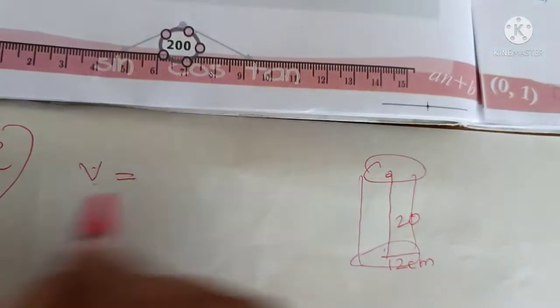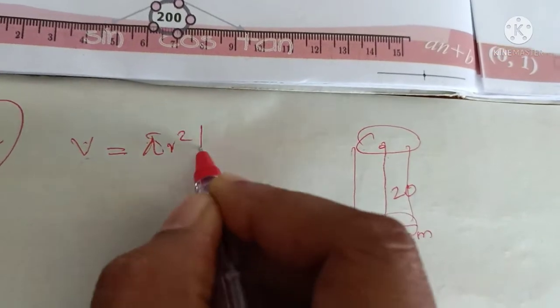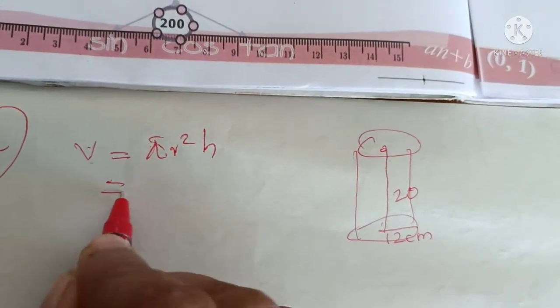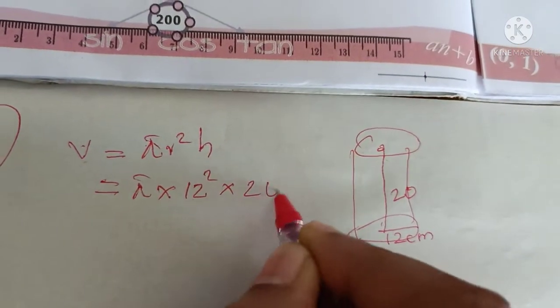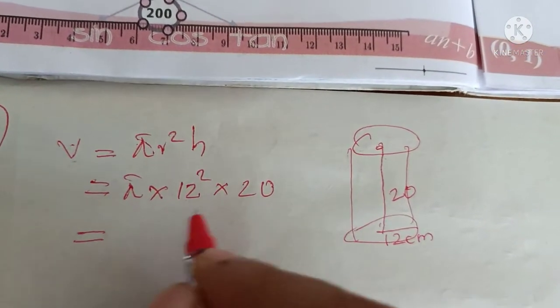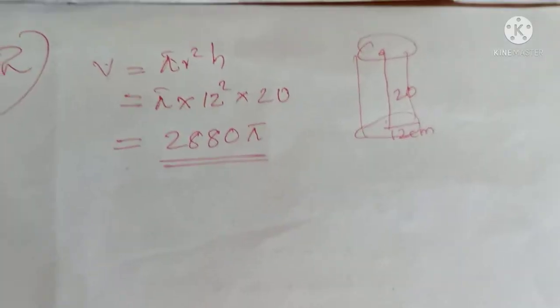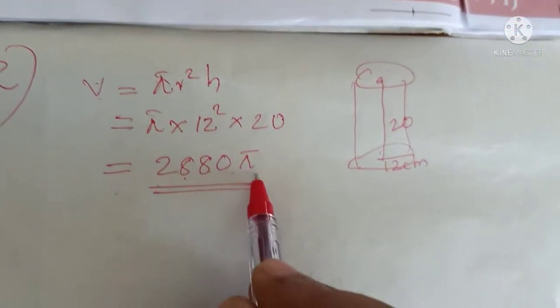What is its volume? Volume is pi r square h, that is pi into 12 square into 20, which is equal to 2880 pi.